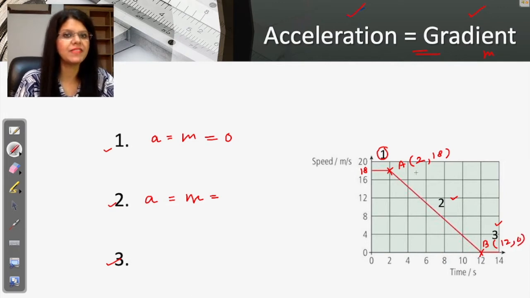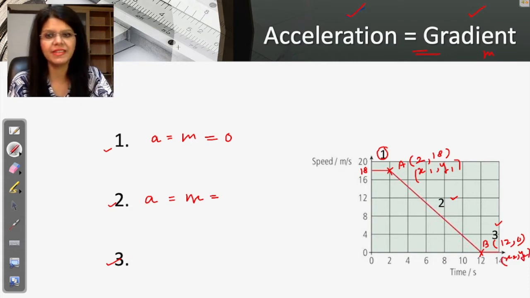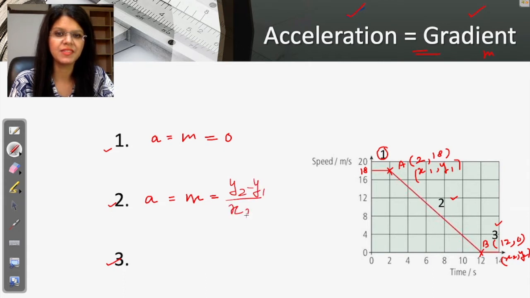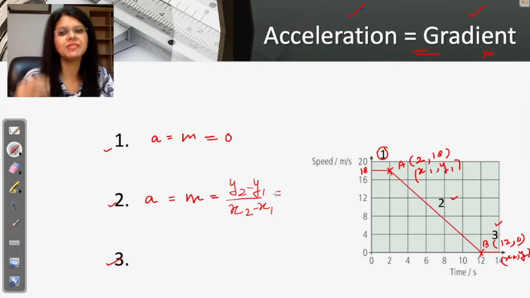Let us call one of them x1, y1 and the other one x2, y2. Let us now use the formula for the gradient. What is the formula for the gradient of a straight line? Simple, y2 minus y1 over x2 minus x1. This is what we understand from our coordinate geometry in maths, or you can do change in y over change in x.